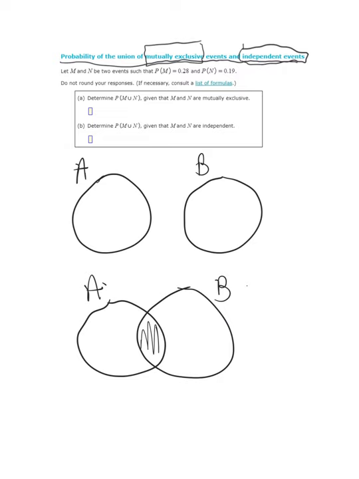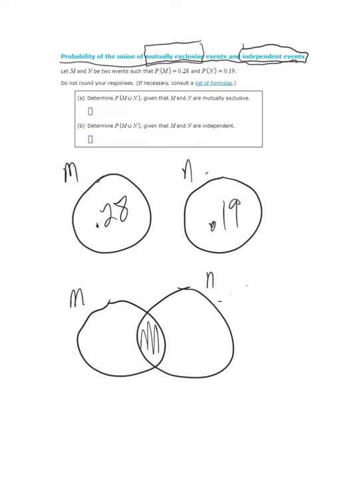Let M and N, well, let me get the right letters up here then, I guess. It says let M and N, probability of M is 0.28, and the probability of N is 0.19. Determine the intersection given that M and N are mutually exclusive.